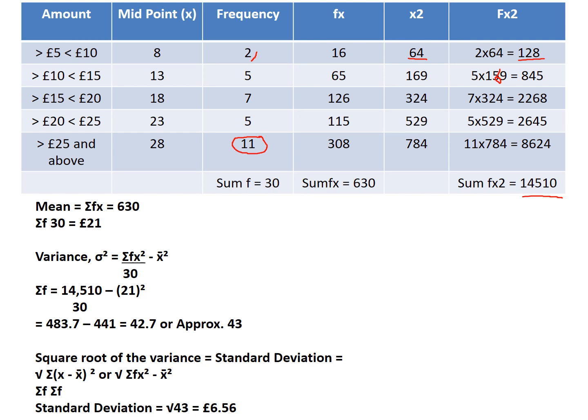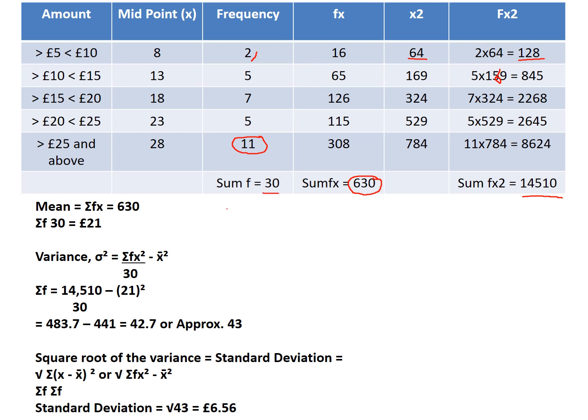So if we look at the mean, then the mean is the sum of the frequency times the midpoint, divided by again the sum of the frequency, which is 30.